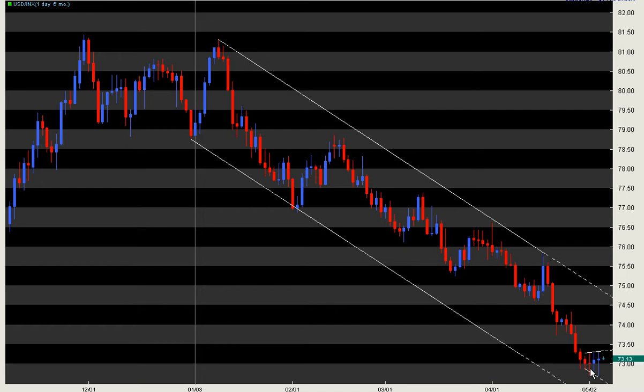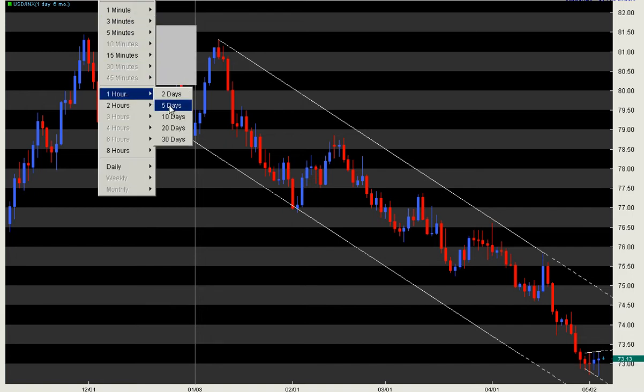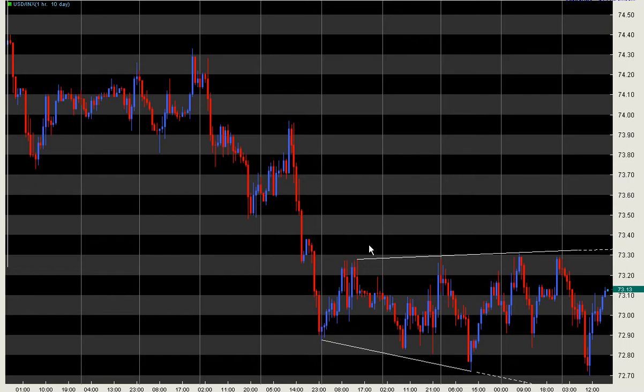A sharp reverse off the lows, but still not necessarily a bullish looking candle. So we're going to zoom in. And we have this suggestion pattern that definitely on the euro looks very much like a triangle, and on the euro it looks like a fifth wave thrust out of the triangle followed by a sharp reversal.